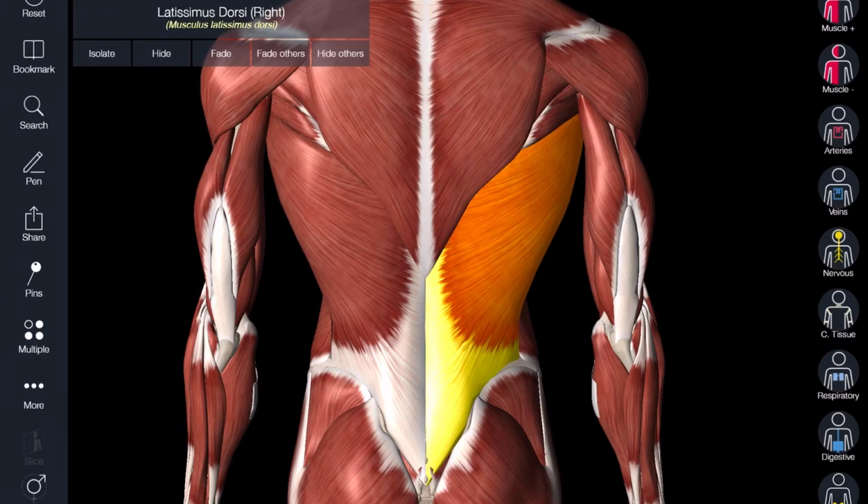If you're pulling down with a wide grip, depending on how your arms are situated, essentially what you're doing in that action is adduction. And so you can pull a very strong weight down toward you doing adduction.